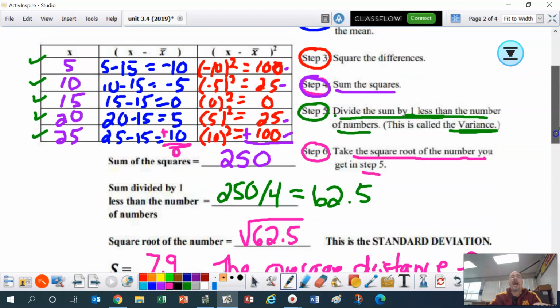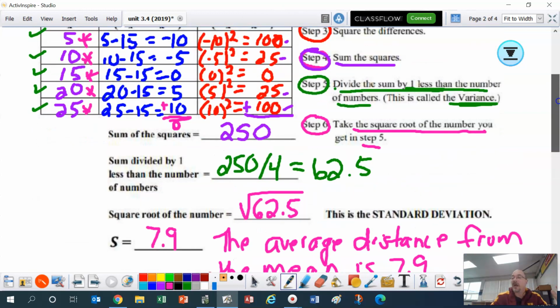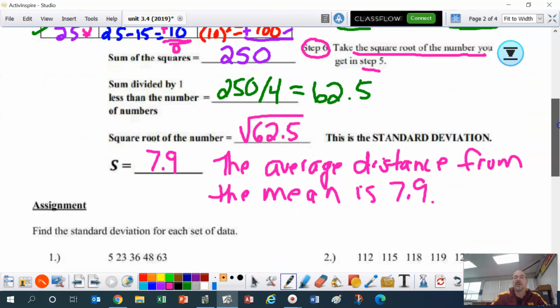The number 5 is 10 away, the number 10 is 5 away, the 15 is 0 away, the 20 is 5 away, and the 25 is 10 away. Well, think about it. 10 and 5, so the average distance ends up being somewhere between 5 and 10, which is 7.9.